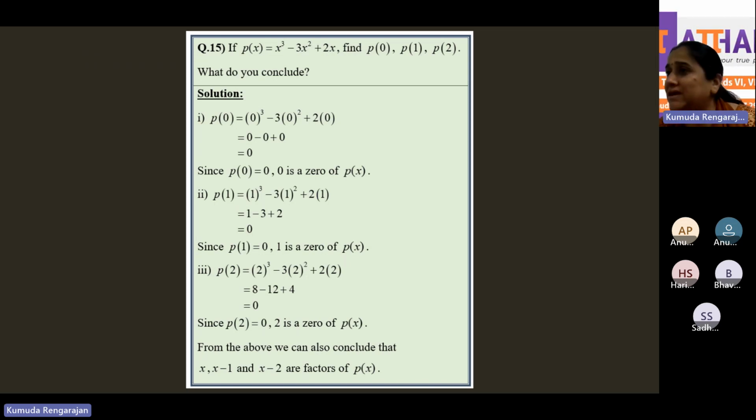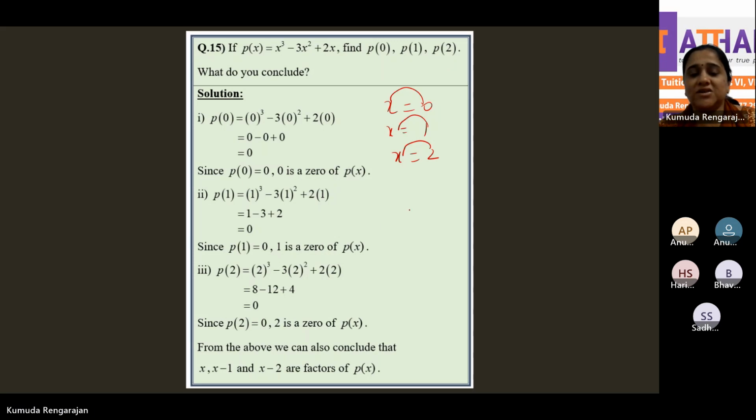Because the remainders are 0, that means x is equal to 0, x is equal to 1, and x is equal to 2, right? That means x is a factor, x minus 1 is a factor, x minus 2 is a factor. See, P of 0 means x is 0, x is 1, and x is 2.